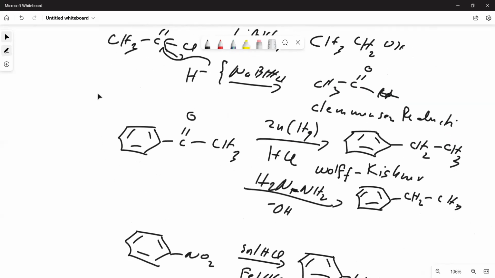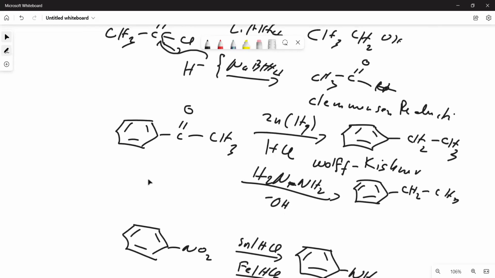So here we have another special reagent for reduction. And this is special because the carbonyl group is completely replaced by hydrogen. So hindi alcohol yung product, kundi alkane. In order for this to happen, you have to use an amalgam, which is an alloy of zinc and mercury in the presence of hydrochloric acid.